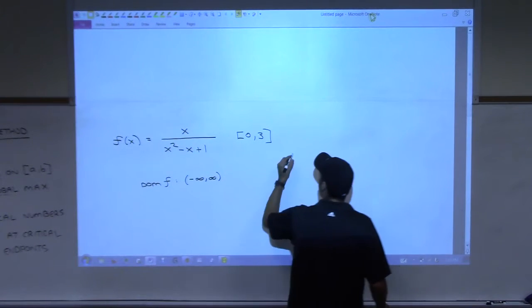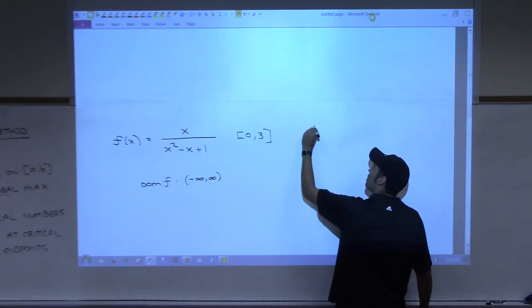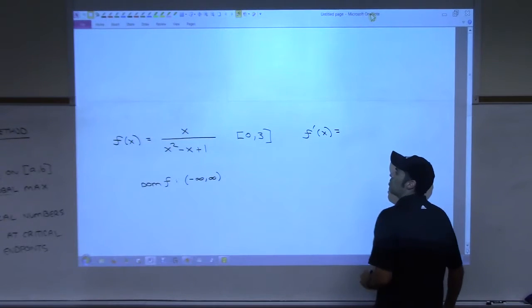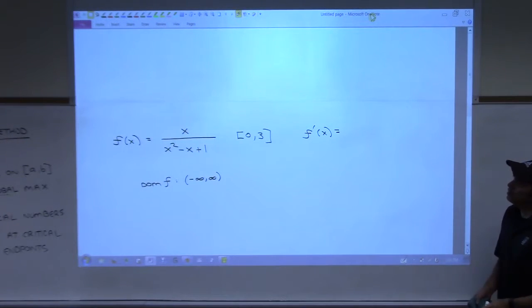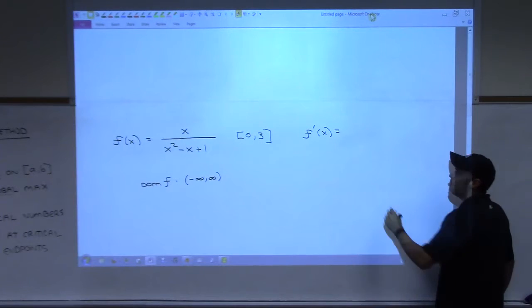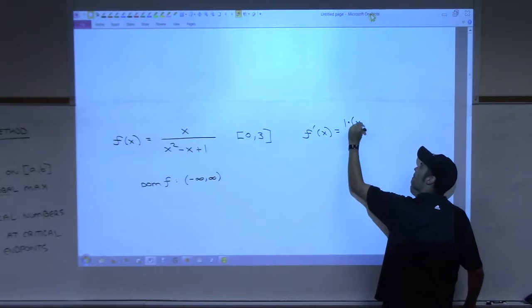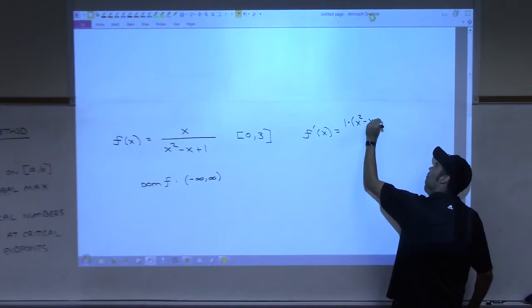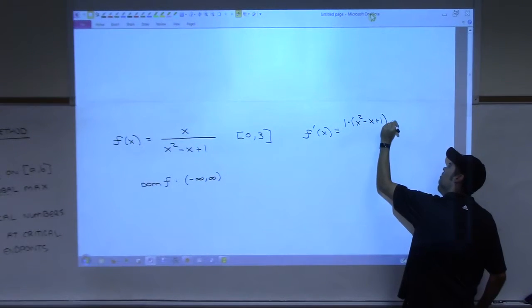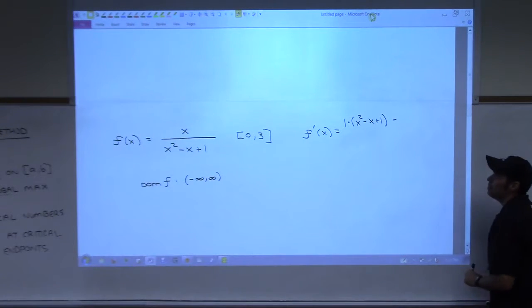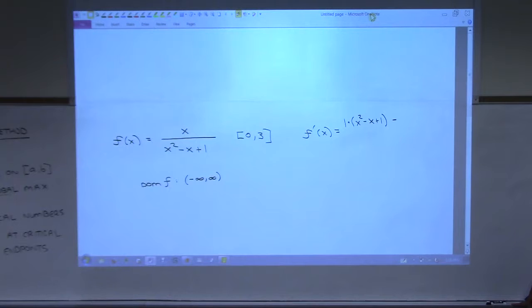I'm going to need the derivative, right? So may as well write this down. It's going to require some quotient rule. Derivative of the top, 1, times the bottom, minus, what is it, minus what?